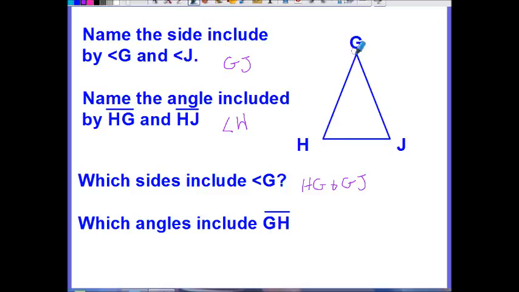Side GH is this side right here. So I want to know which angles are going to have to smash it. So which angles are going to have that overlap? There's going to be one angle, and here's going to be a second angle. Those two angles have the overlap on that segment. So we have angle H and angle G are going to be the angles that include side GH.